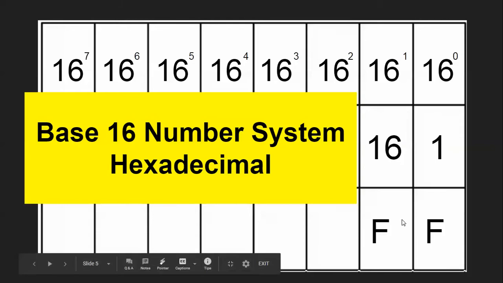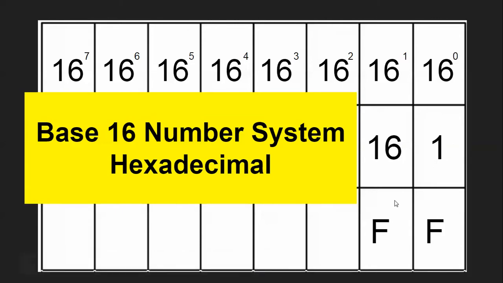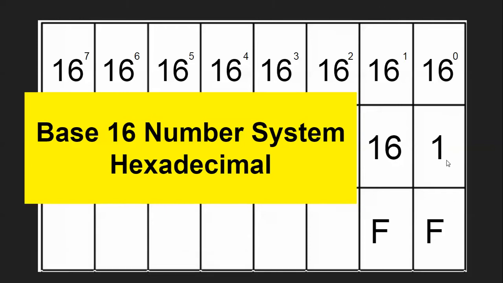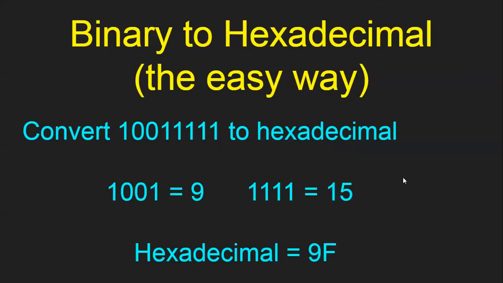Again, D3 worked for that because the first value is multiplied by 16, and then the second value is multiplied by 1. So, D3, 13 times 16 was 208, and then 3 times 1 is 3, which takes you up to 211. So that's, again, how those hexadecimal values work.